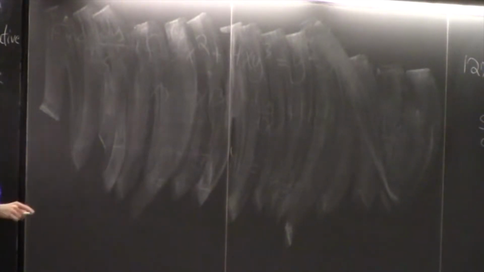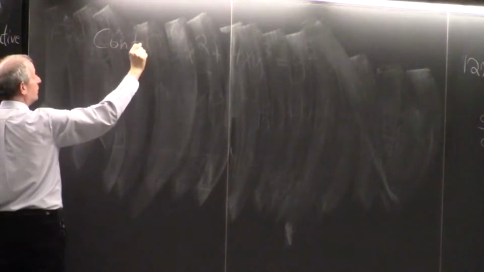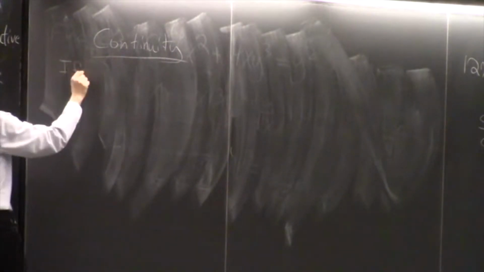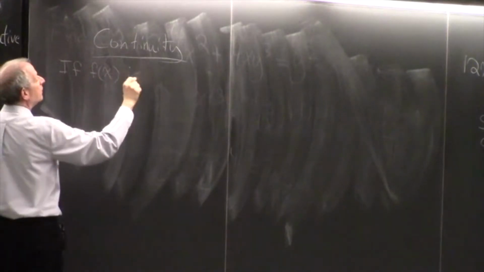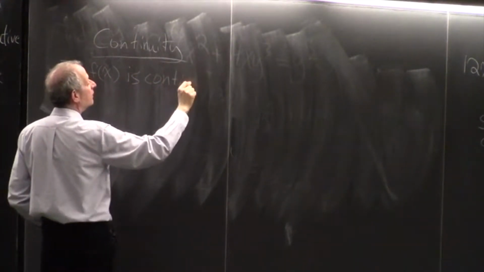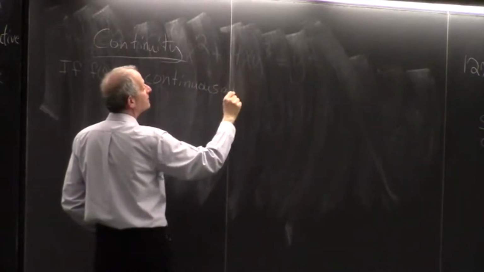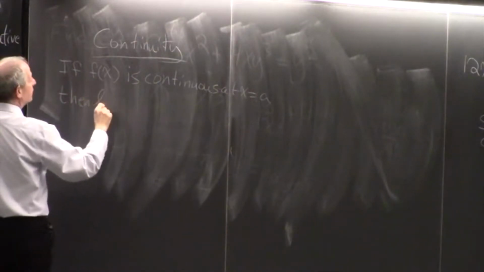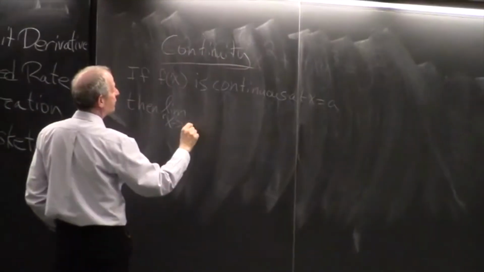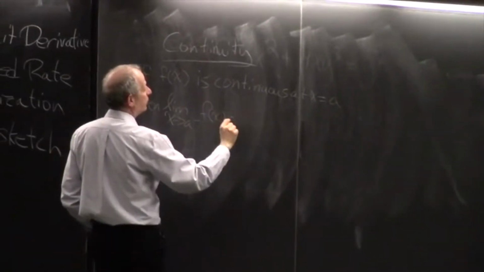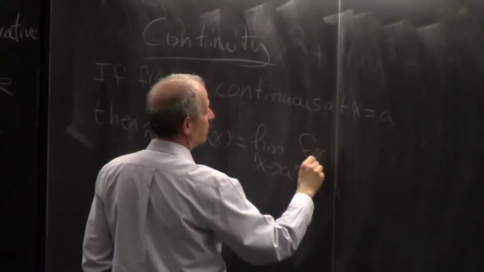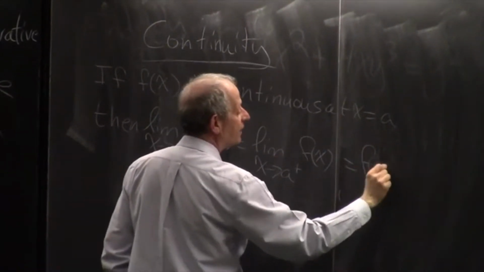So that means in order for something to be continuous, you have a function, if f of x is continuous at x equals a, then the limit when x approaches a from the minus side will equal the limit when x approaches a from the plus side will equal f of a.